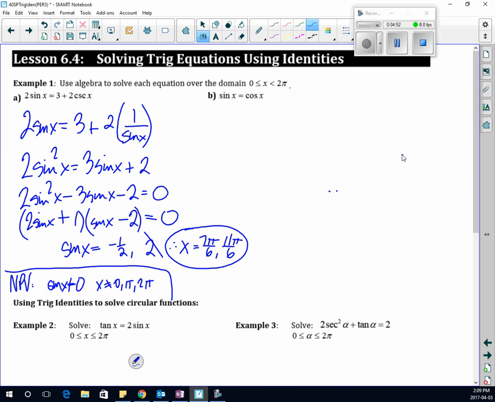This one's kind of a goofy one. You could solve this in about basically one line if you understand what it's saying. Where's sine x equal to cos x between 0 and 2 pi? At the 45, yeah, because this is pi over 4. Pi over 4 and?